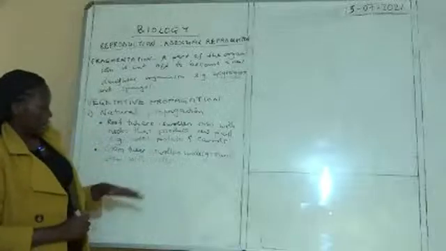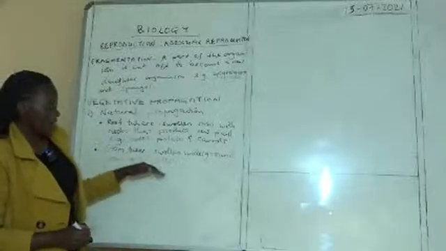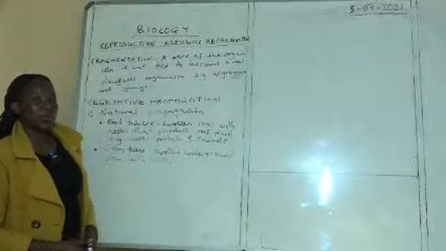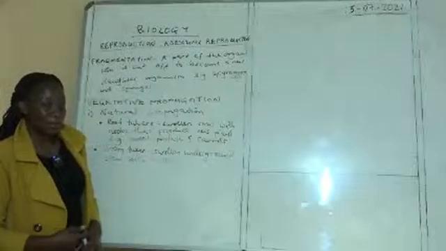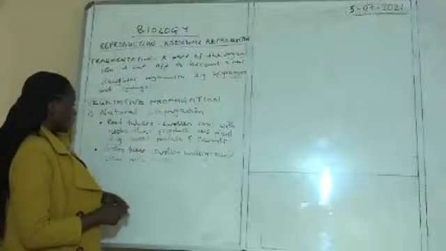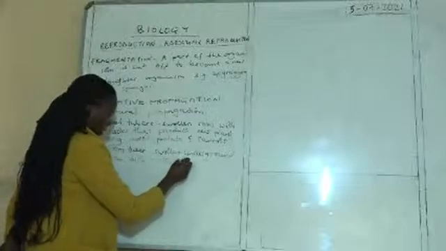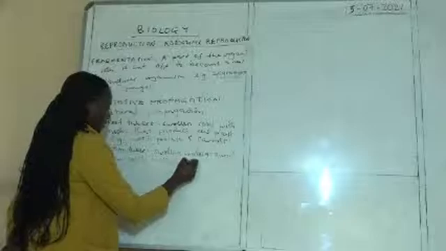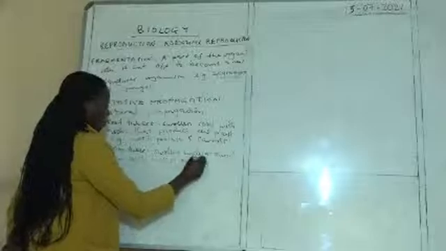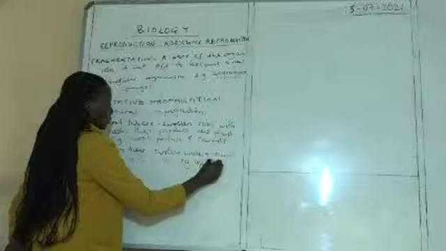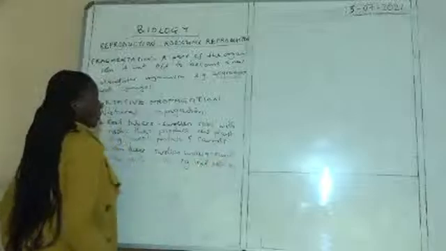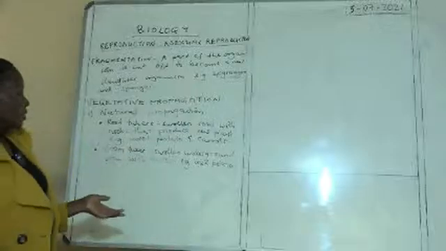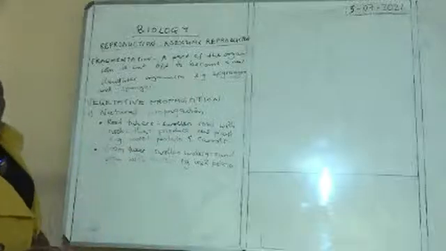So anytime I write nodes, just know that the reason I'm adding nodes is because this is the part of that particular plant that will grow into a new daughter plant. Examples here of swollen underground stems, we have Irish potato. So the Irish potato also undergoes vegetative propagation.